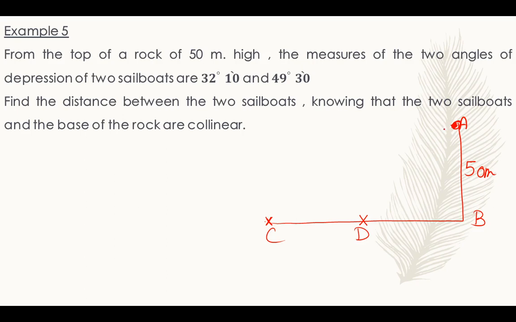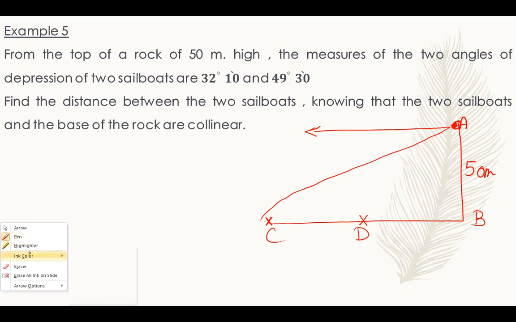Here we have two sailboats, one at C and the other at D. To find the angles of depression, first we draw a horizontal ray parallel to BC, and another ray going from the observer's eye to the object.